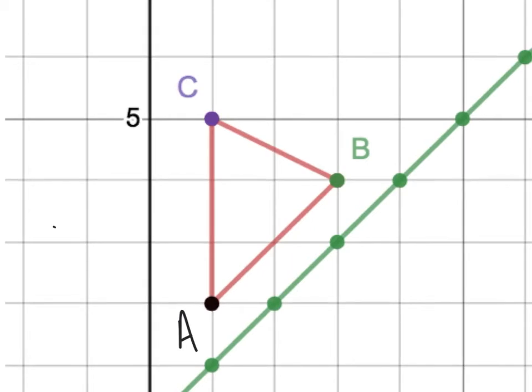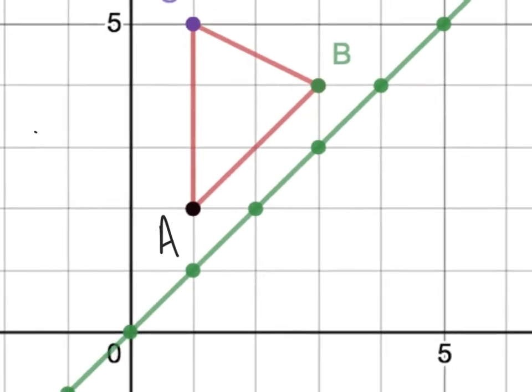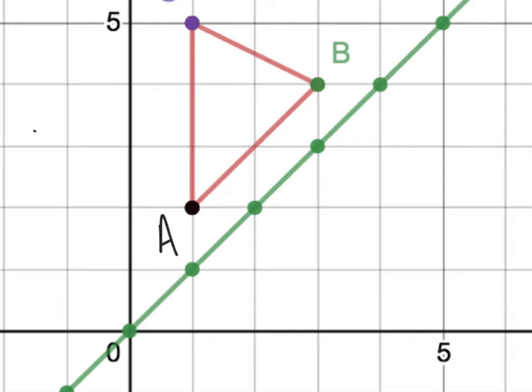The first one we're going to count for is the point A. If we look, A is 1 away from the line. So we're going down 1, but remember, whenever you're rising, we also have to run. So now that we rose 1, we're going to run 1. So A prime is going to be right here.